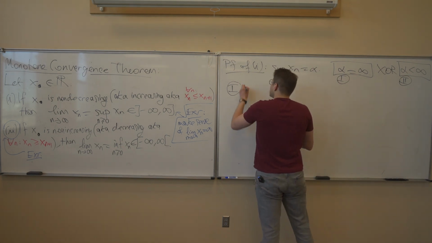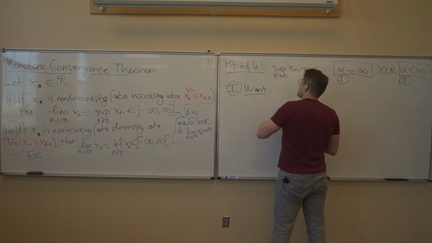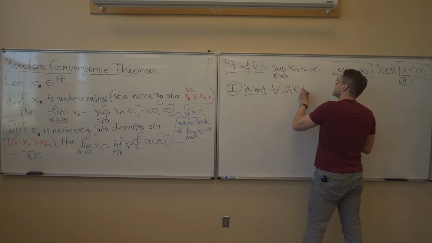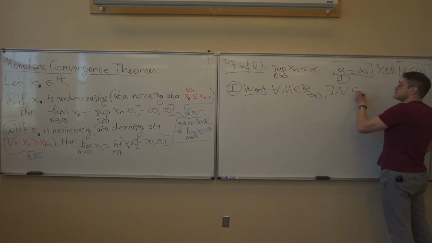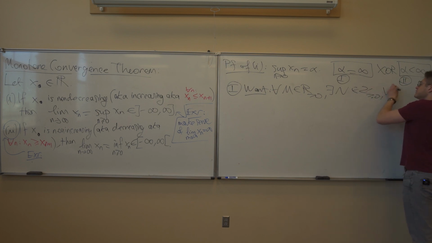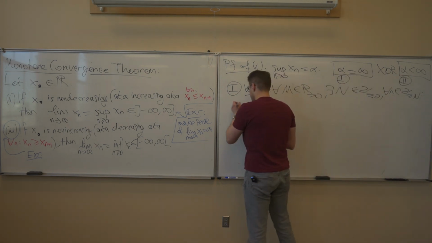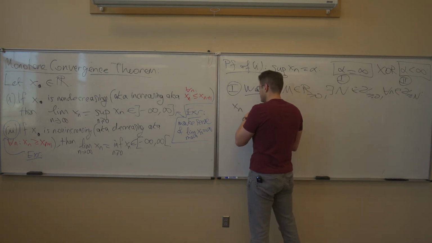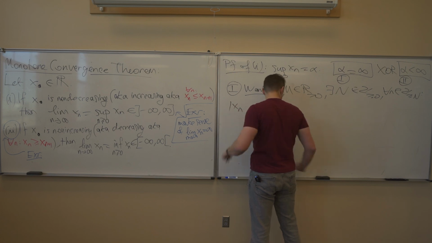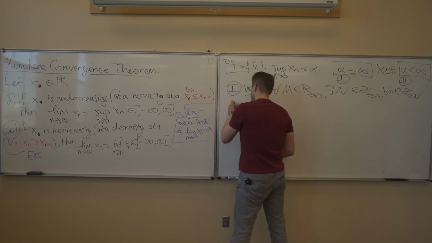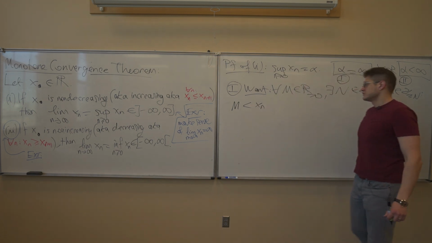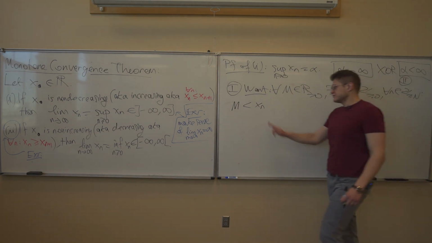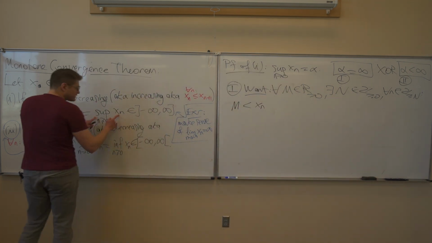Let's say capital M. For arbitrarily large numbers, there's a time such that after this time, x sub n is, well, let me just write it like this. Okay, but this is by definition because I'm saying that this is unbounded.